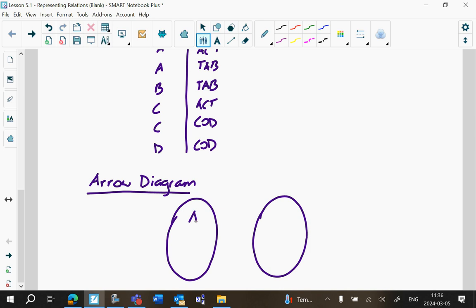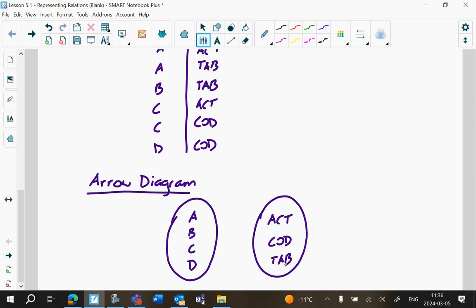So A, B, C, D. The second oval contains all the elements in the second set, the three words: act, cod, and tab. Now I want to show all these, okay? Because remember, there's basically six components in this relation that we've established. We did 6 ordered pairs. We did 6 rows in a table. I've got to do 6 here as well.